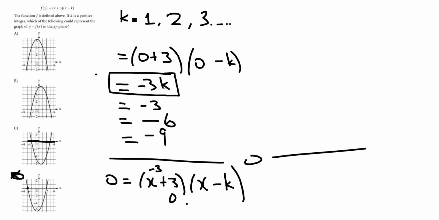Since k could be 1, 2, 3, 4, any positive integer, the possible values we found were minus 3, minus 6, minus 9, and so on. Now, if you look at this plot, we actually see that the value of y is equal to minus 6. So this tells us that k has a value of 2.